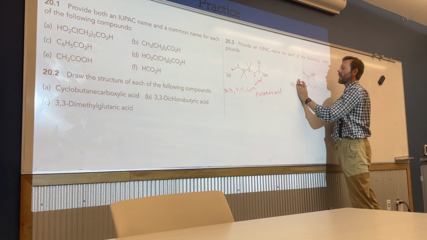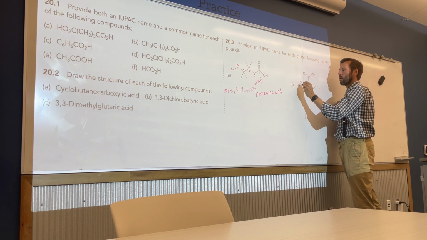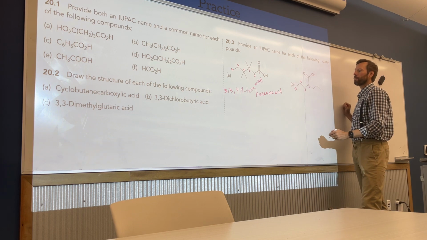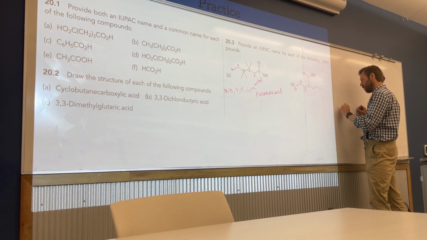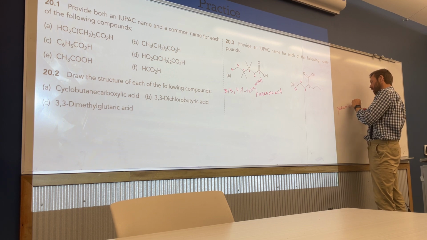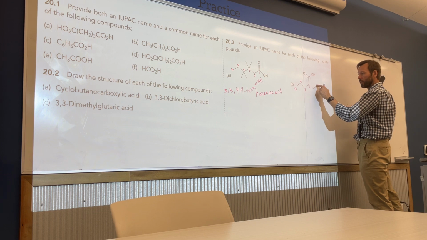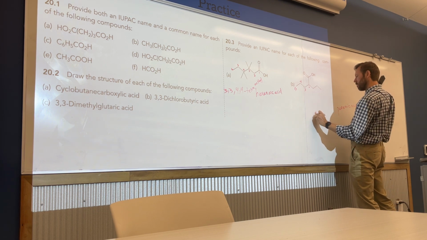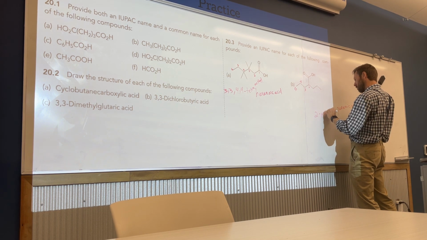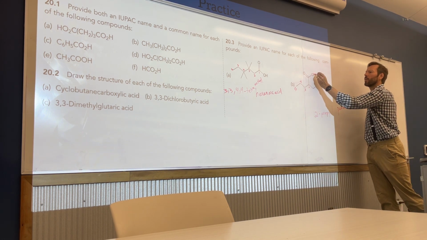And in that case, we have 1, 2, 3, 4, 5. So pentanoic acid, and you said 2-propyl. Pentanoic acid. What if I got rid of that H?